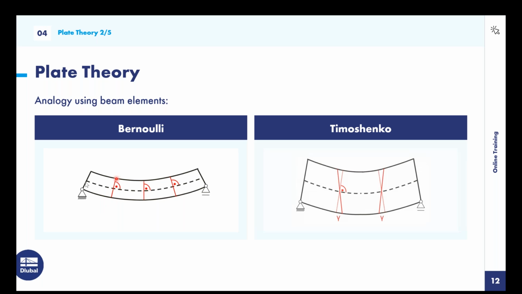And with the Timoshenko theory, here we have an increased angle. This will lead to additional shear deformations, and the reason for this is because we consider shear stiffness.